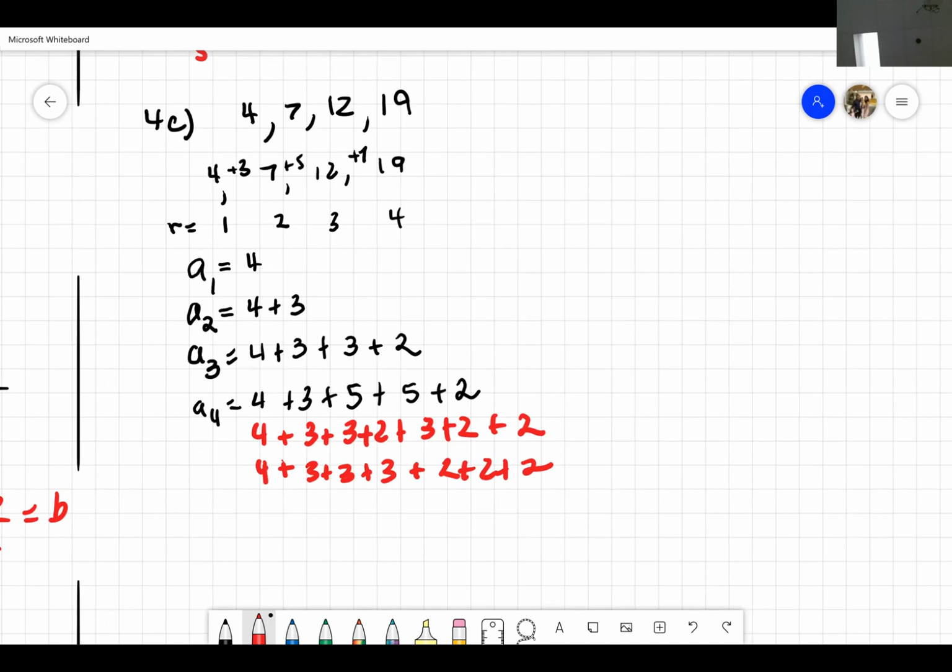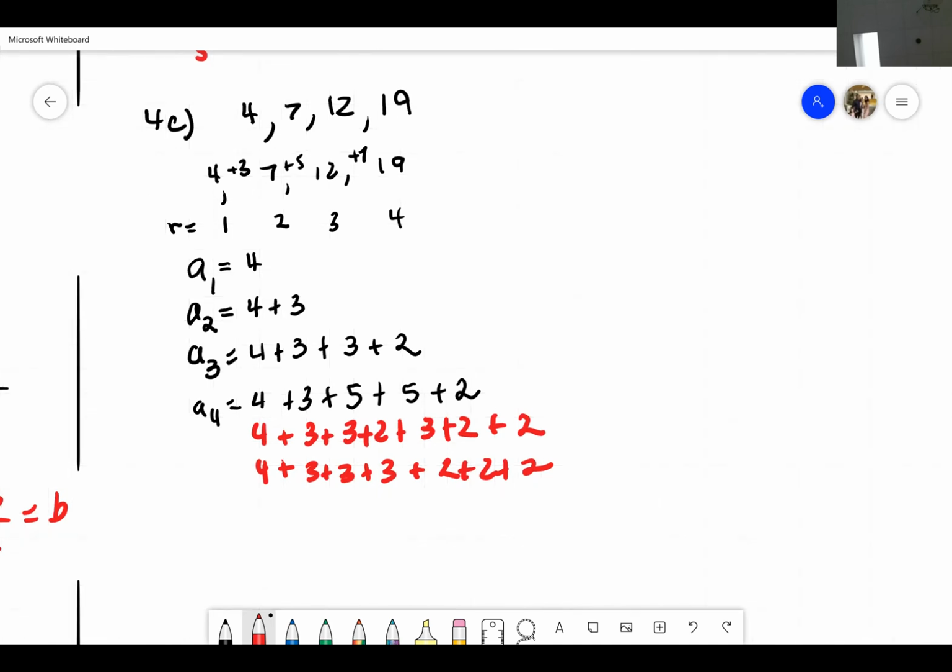I don't know where I'm going with this. Let's see this one. I don't like that pattern because it looks weird to me. Something's missing. Let me make sure I got everything right. 3 plus 2, 3 plus 2, 3. And then this one here was 3 plus 2 plus 3.